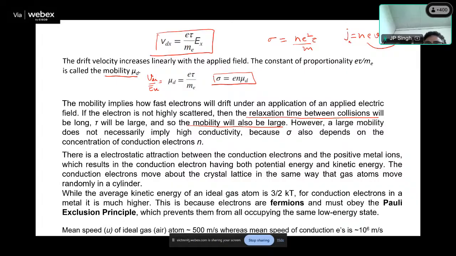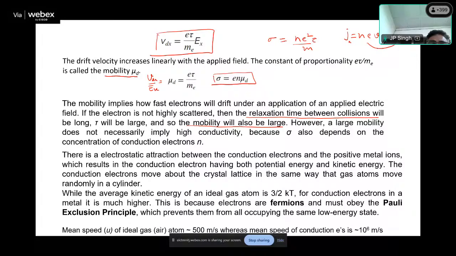One can think that we can apply the kinetic theory of gases for an ideal gas, where we can also determine the mean velocity or mean speed of the ideal gas atom. But in this case, this model does not resemble the kinetic theory of gases. Actually, I cannot take that.